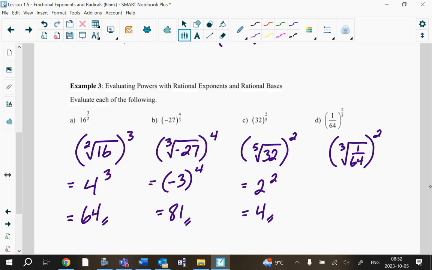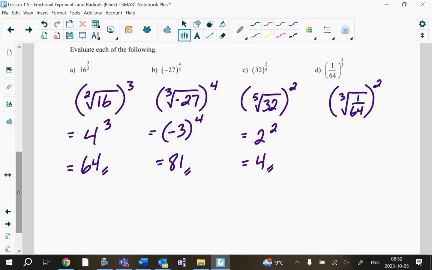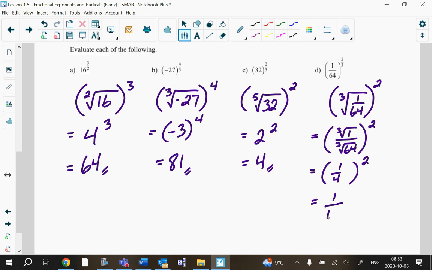Well, remember, that is the same as cube root 1 over cube root 64. And we still have to square it. What do we get when we do these two cube roots inside? 1 over 4. And we still have to square it or multiply it by itself. What do we get? 1 over 16. Okay.